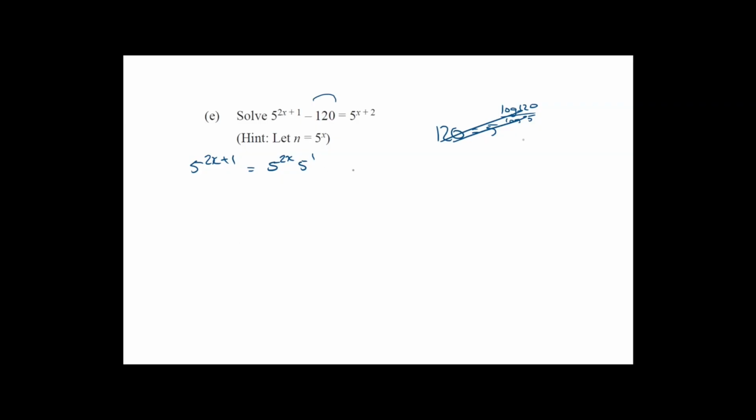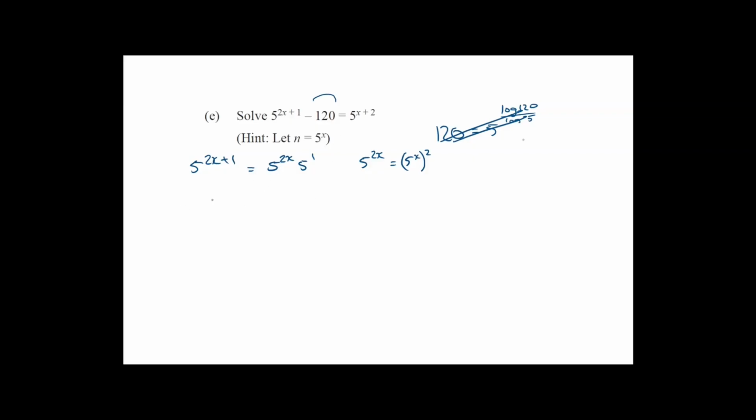And 5 to the power of 2x is going to be the same as 5 to the power of x, squared. And that's going to be important because n is 5 to the power of x.